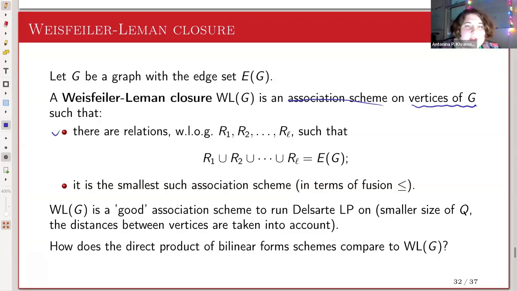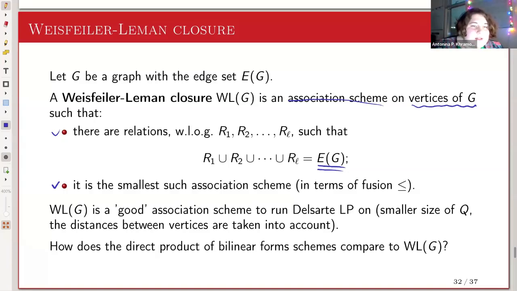There should be a union of some relations that is exactly equal to the adjacency relation, and it is also the smallest such association scheme in terms of fusion.